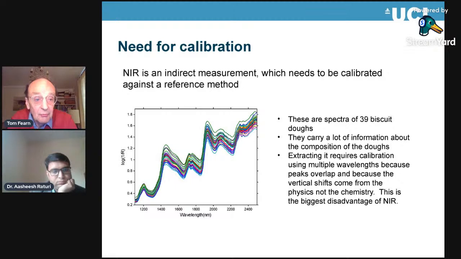It means you have to involve people like me in order to get calibrations. Well, you don't because there's perfectly good software that will do it, but you have to involve techniques from what's called chemometrics, which is multivariate calibration using lots of wavelengths in this context. And that's a drawback in some ways. The other drawback is it can be harder to justify why the thing's working.